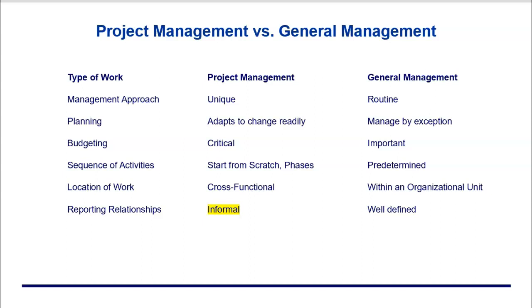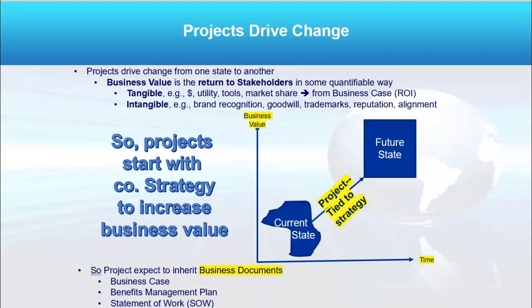I can't start on page 1 of the PMBOK guide, go to page 800 and have a successful project. I have to adapt it to all those 49 processes in the last slide to my project needs. So it's not informal, but it starts out challenging, and we have to progressively elaborate it. And the PMBOK guide's framework guides us to that detailed approach.